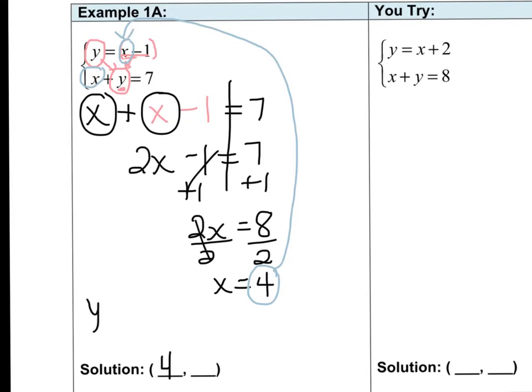So I'm going to write y equals, and now for the x, I'm going to plug in 4, and then I'll write minus 1. So it looks like y is going to equal 3. So now I have the second coordinate of my ordered pair, and we're done. Go ahead and try the next example. You should get 3, 5 for your answer.